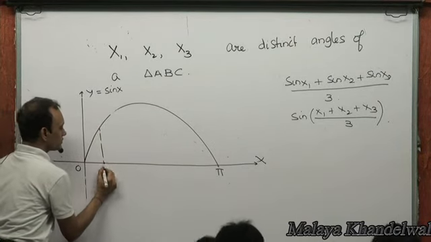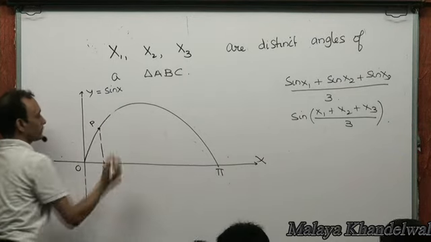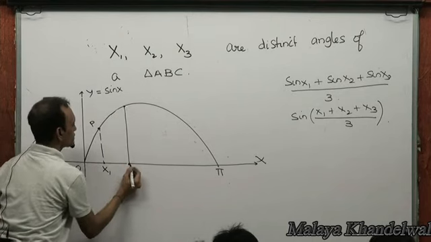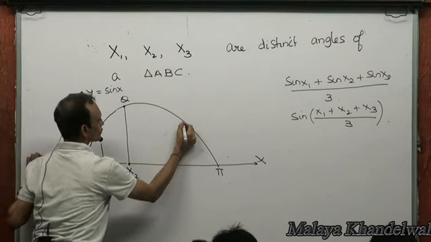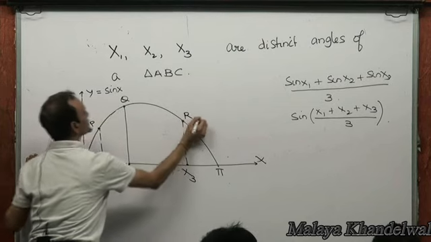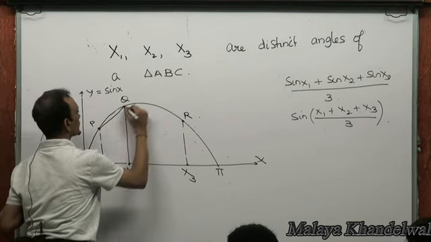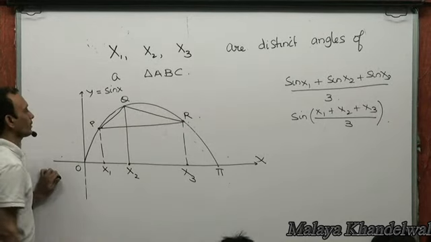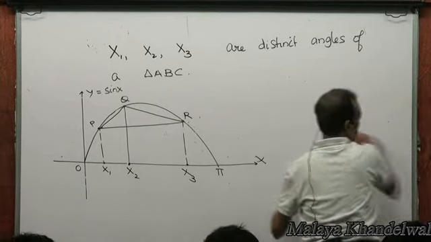Say this is x1 and this point is some P. This is x2 and say this point is Q. This is x3 and say this point is R. What are the coordinates of P? x1 comma sin x1, isn't it?